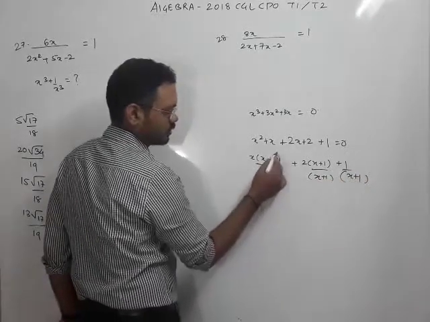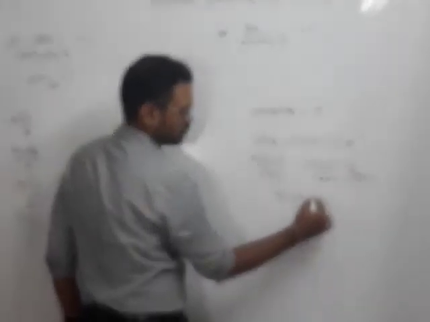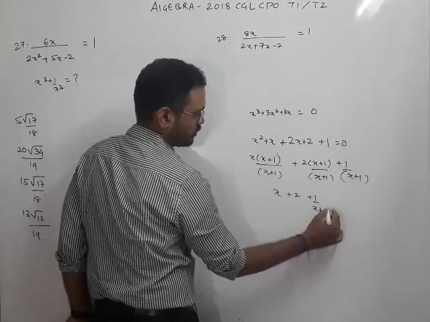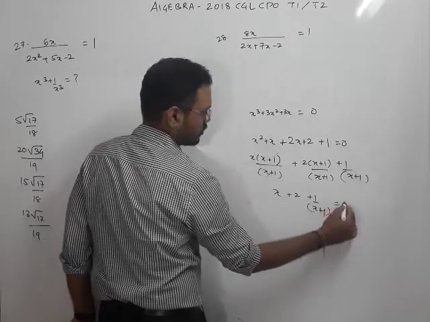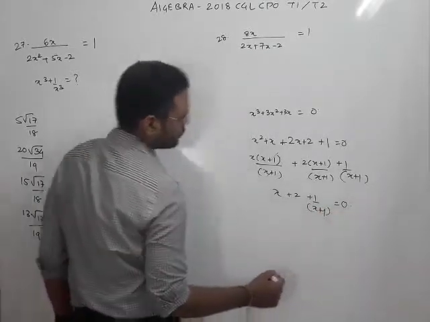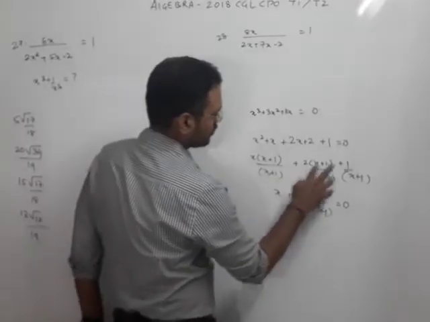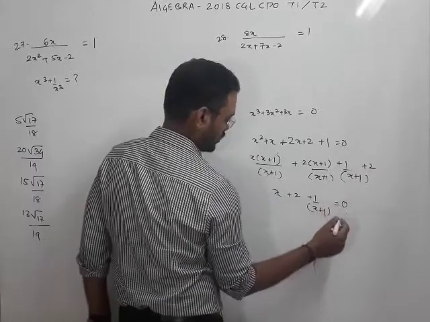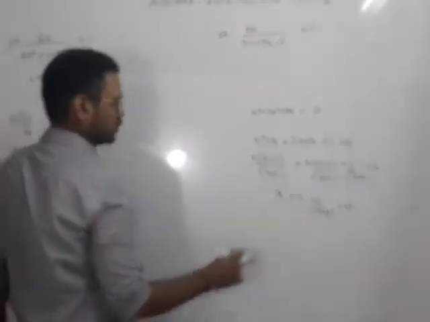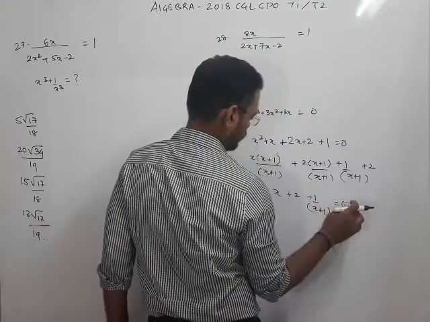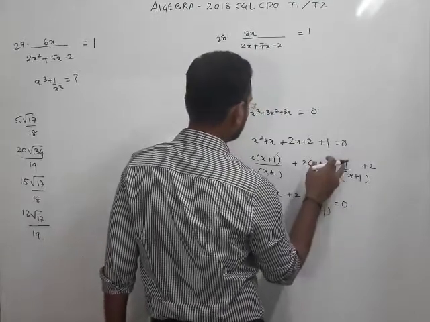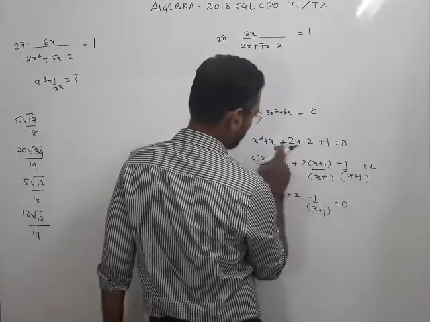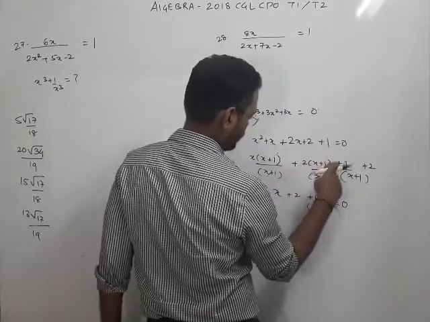So if we do this, then it becomes x plus 2 plus 1 by x plus 1 is equal to 0. There's one more 2 here. X plus 1 is here.